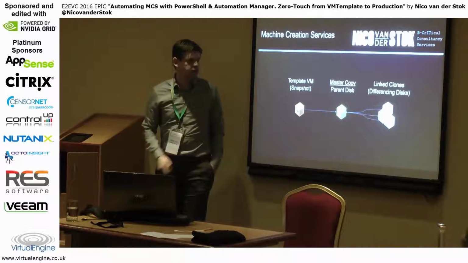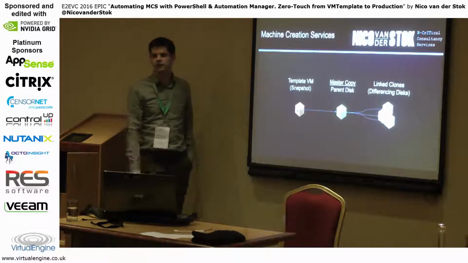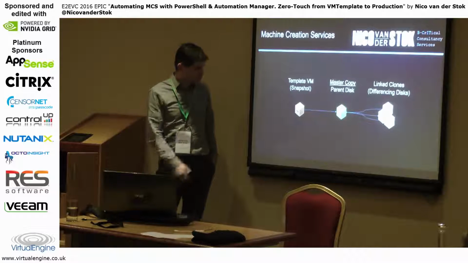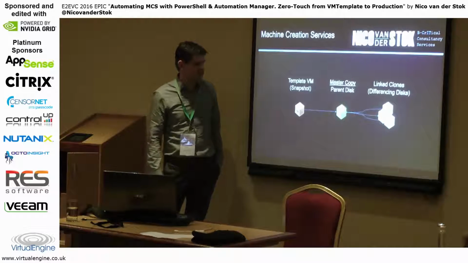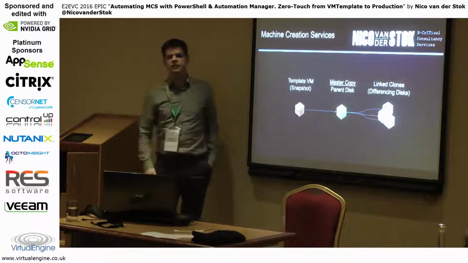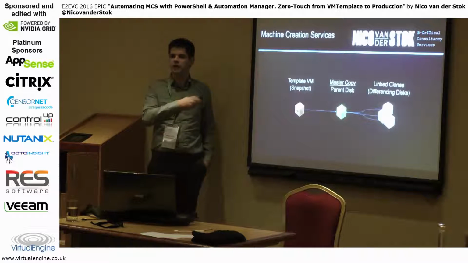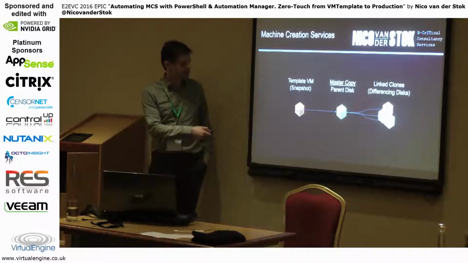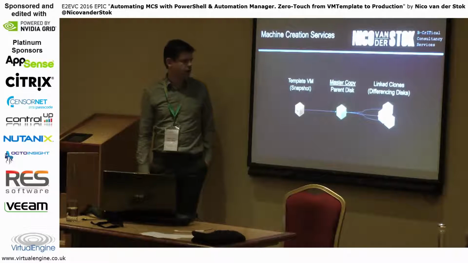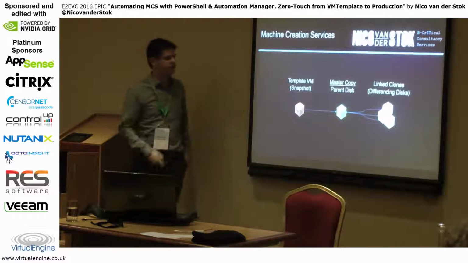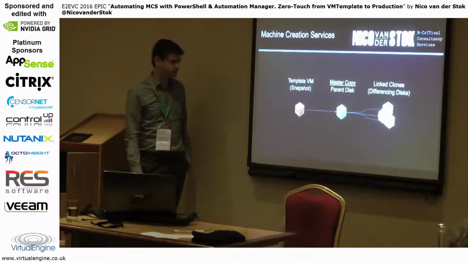So this is sometimes called linked clones, or depending on which hypervisor you ask, you may know another name, like differencing disks. And these are non-persistent, so if they reboot, they can get wiped and you have a clean machine again. This is the basic, simplified explanation of Machine Creation Services.